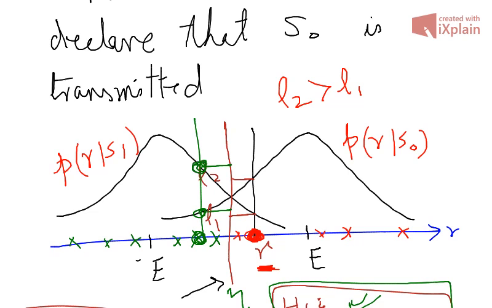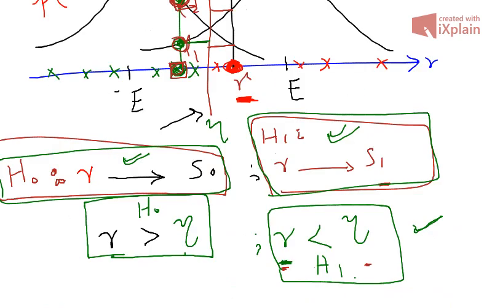This sample value intersects both the PDFs at these two values, and the probability for this particular point is greater than this probability. So it is more probable that this signal point belongs to this PDF, P of R given S1, or hypothesis H1 is true. So this is how the hypotheses are tested.